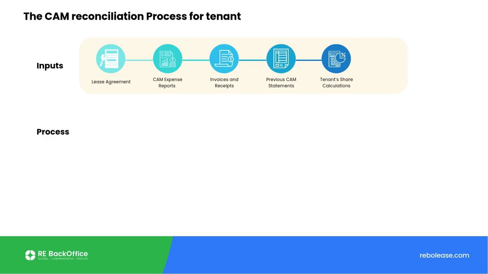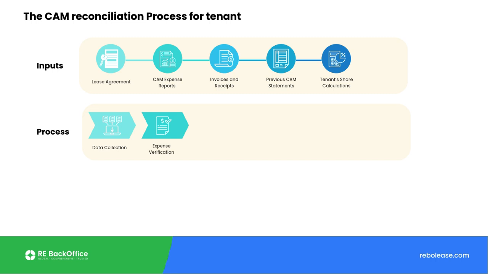A typical CAM reconciliation process for the tenant is as follows. Data collection. Gather records, collecting all invoices, receipts, and expense reports related to CAM. Review lease terms. Verifying the terms related to CAM charges, such as calculation methods and any caps or exclusions. Expense verification.